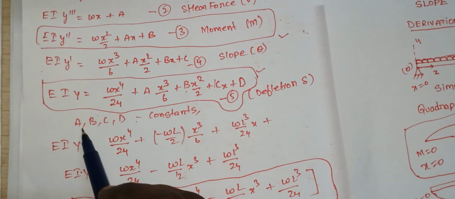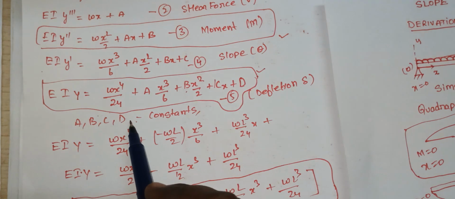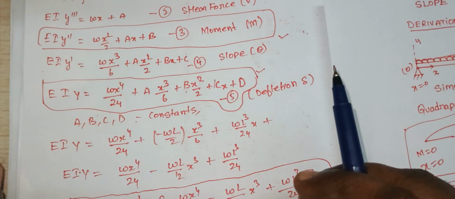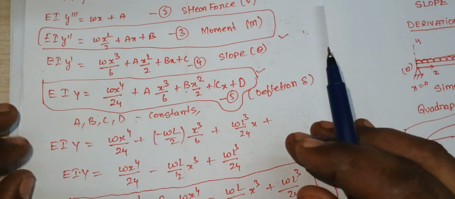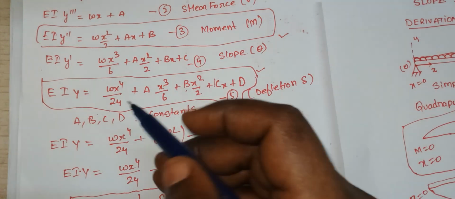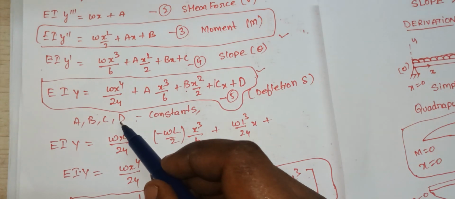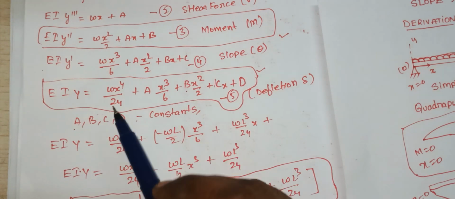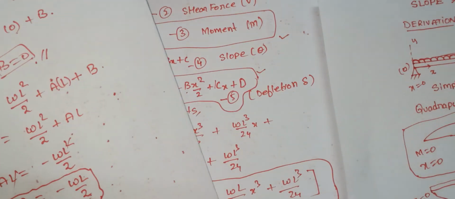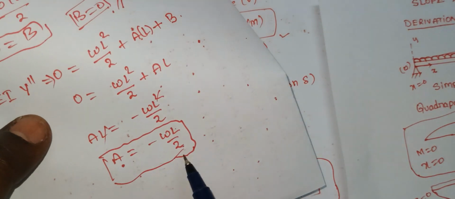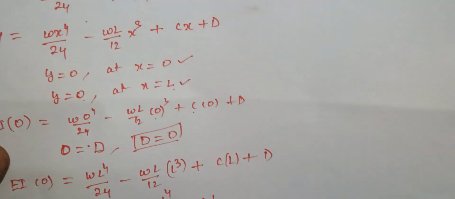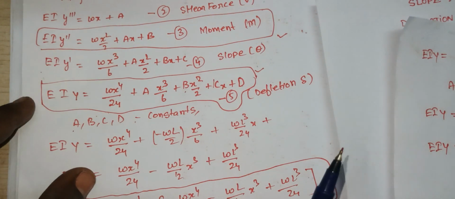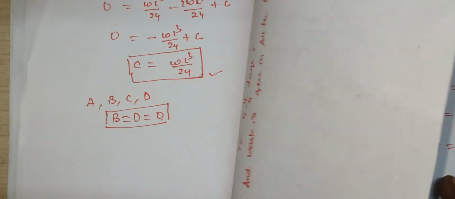So we have to find the constants a, b, c, and d. In this particular derivation of finding the constants, we have found that b and d are 0, and a and c are the values that we have derived, as a is equal to minus WL by 2, and the value for c we derived previously as WL cube by 24.